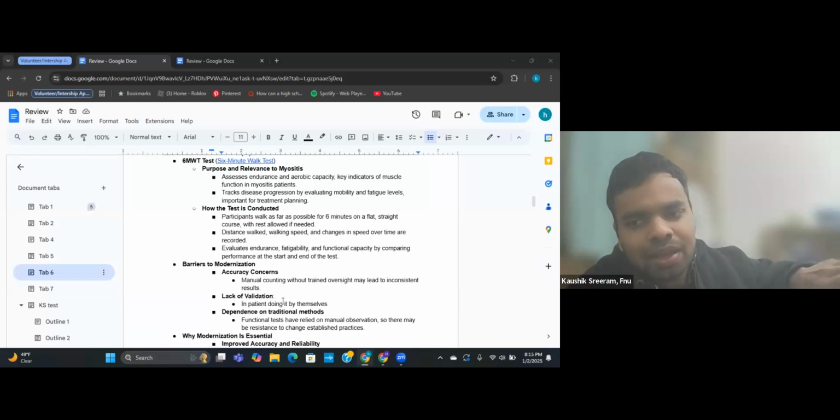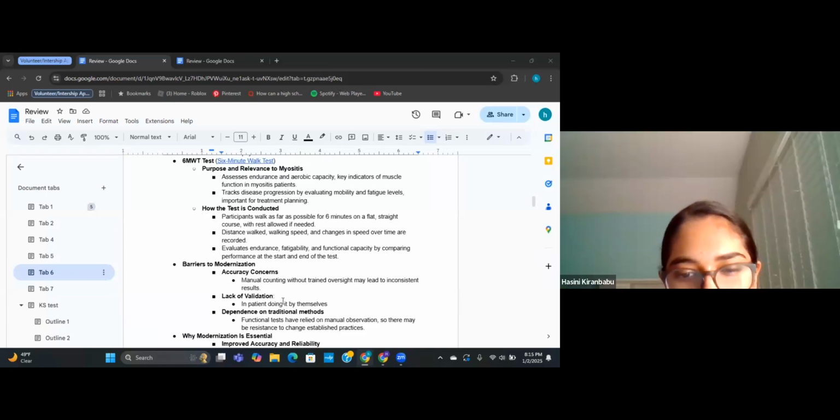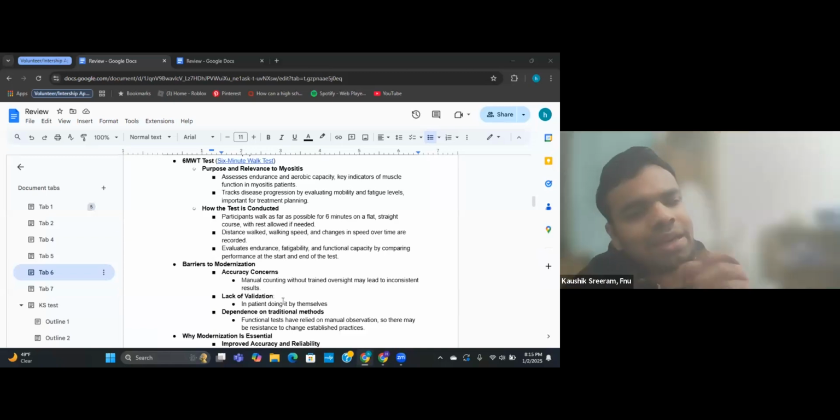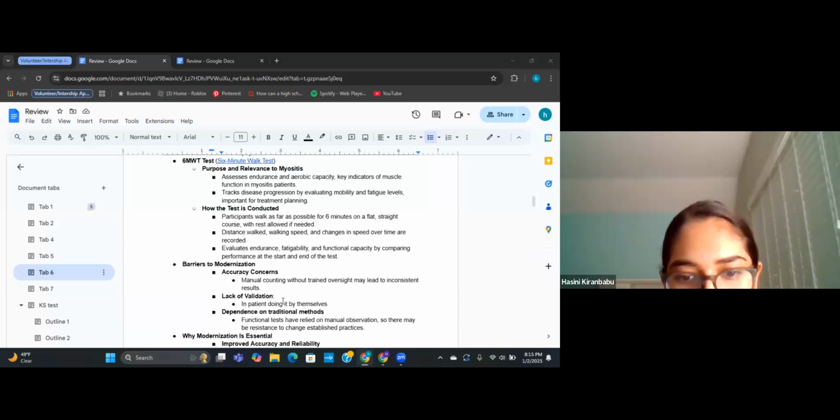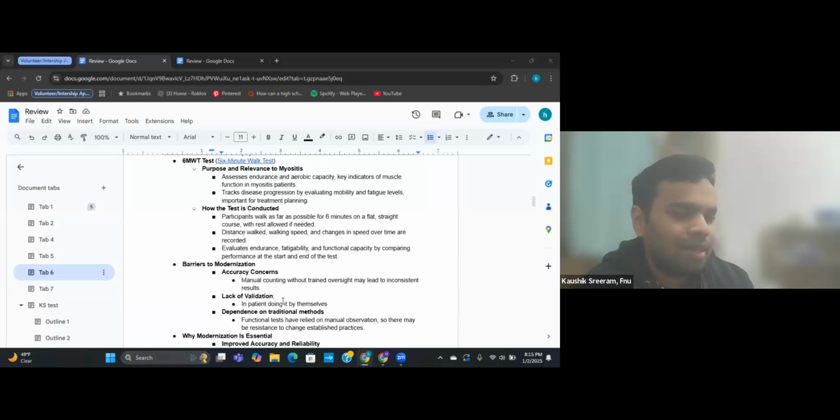That's it. For the sit to stand, there's a difference, so you have to validate it. But here it has already been validated. You see what I'm trying to say? They already have a smartphone based tool and they have already validated it. Okay. Sounds good? Yep. Next.